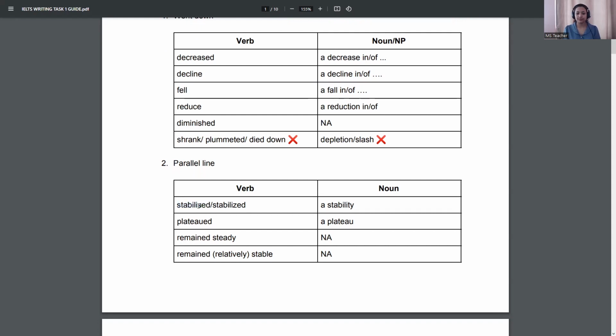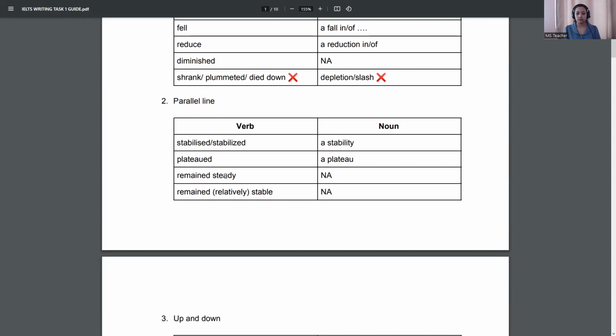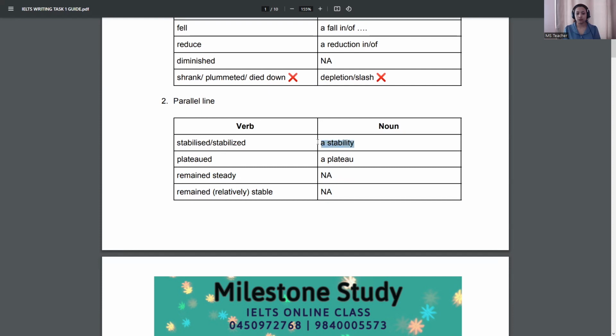You can use both the British or English form, with S or Z. You can also use plateau, remain steady, and remained stable. And you can also add the word relatively. Now for the noun words, you can use a stability, right? And for the last two words, they don't have a noun, so there isn't any.